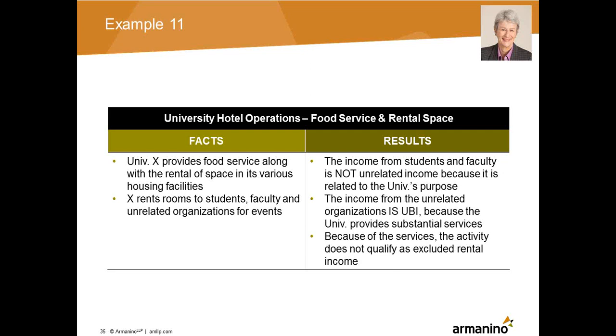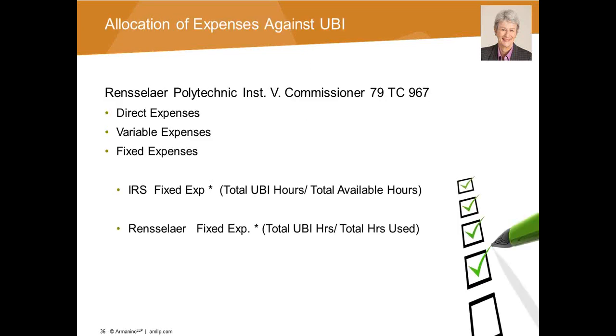And then the third category where the controversy arose was in the allocation of fixed expenses against the rental income. So fixed expenses that aren't going to be impacted by the level of use: depreciation, property taxes, items that continue whether you're using the space or not.